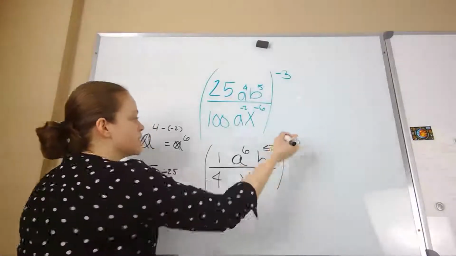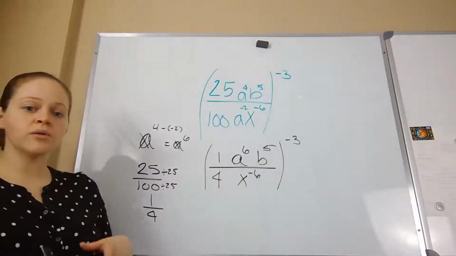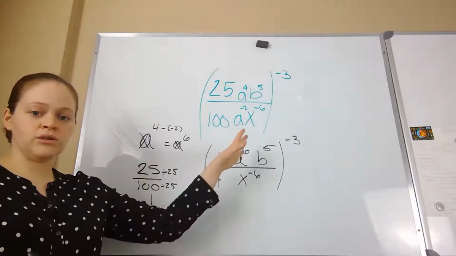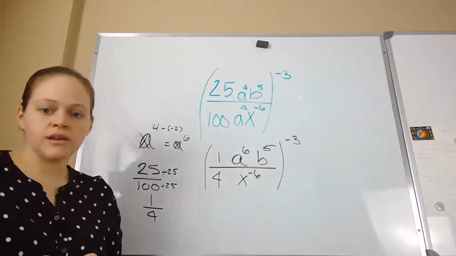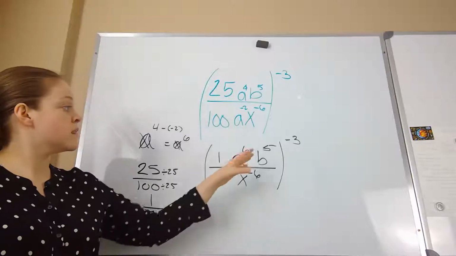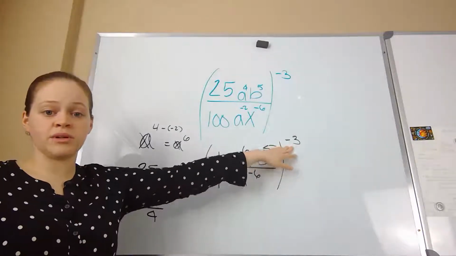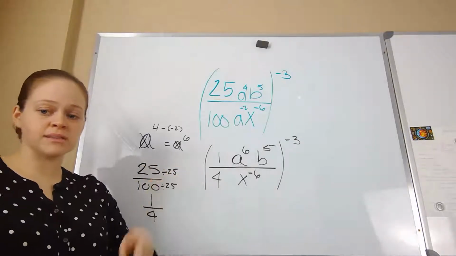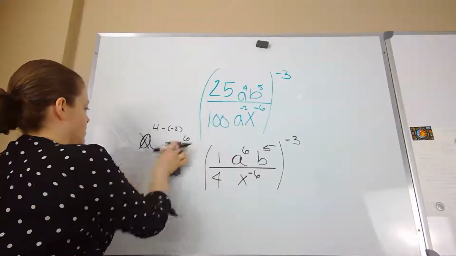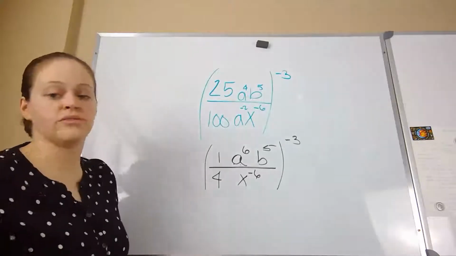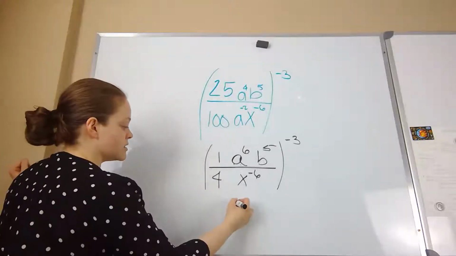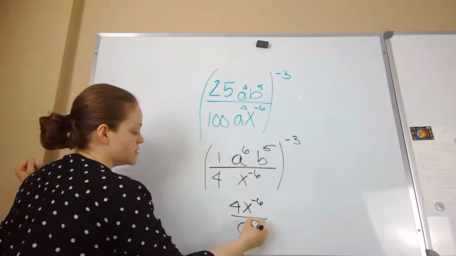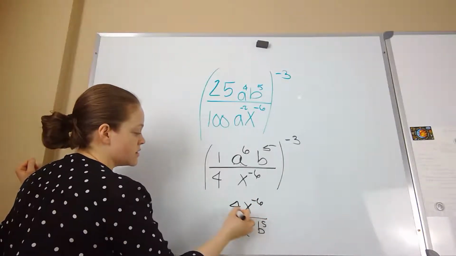Okay, and then we have negative 3. Now, following BEDMAS, as Joseph indicated, we had the brackets, and now we are dealing with the outside exponent. It says negative, and negative means flip the base. So if we flip the base, we get 4x to the negative 6, a to the 6, b to the 5.